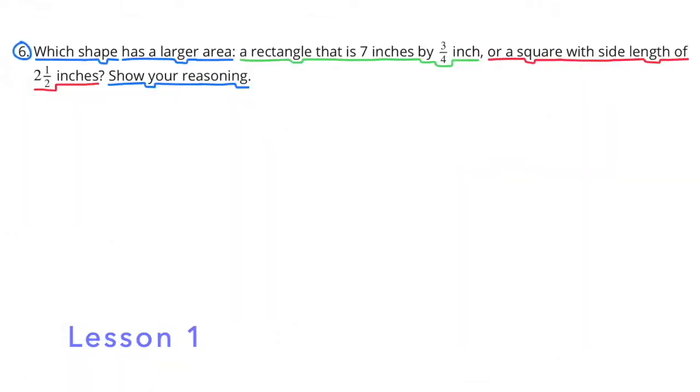Number 6. Which shape has a larger area? A rectangle that is 7 inches by 3/4 of an inch, or a square with side length of 2.5 inches?